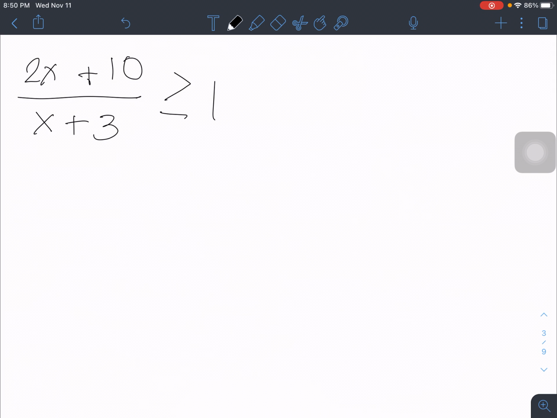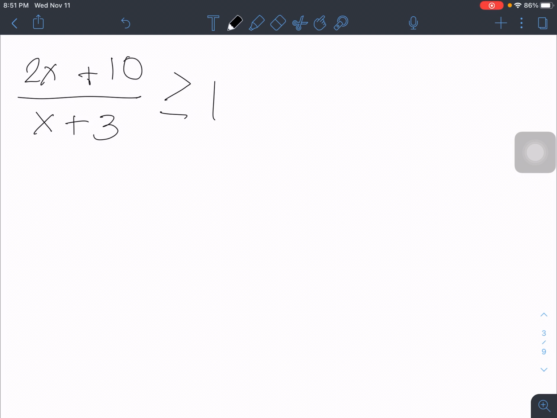Okay, so we will be discussing finding the solutions of x in a rational inequality. We already learned how to find the value of x in a rational equation. Normally we have one value or two values, so there are only a few values of x.